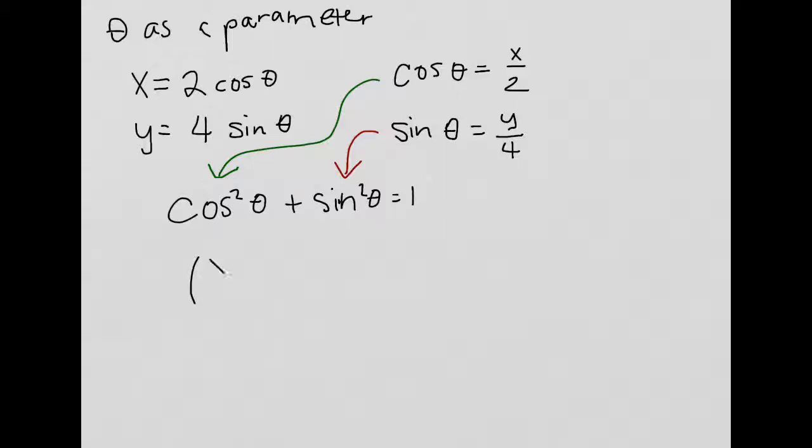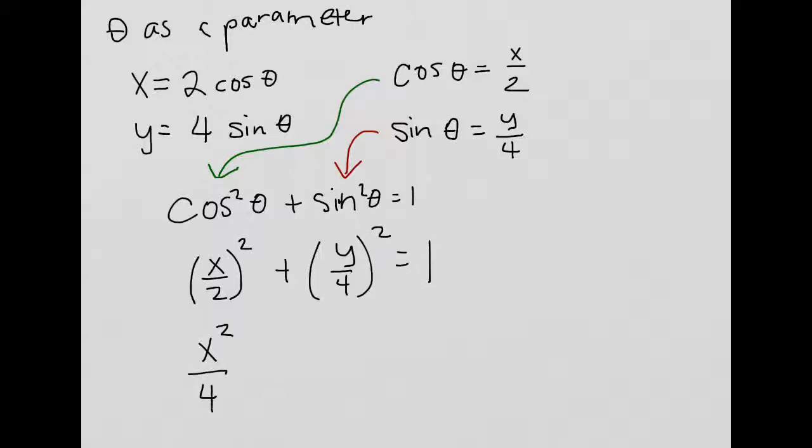So I'm going to do this: x over 2 squared plus y over 4 squared equals 1. Go ahead and do your calculation. It ends up with x squared over 4 plus y squared over 16 equals 1.